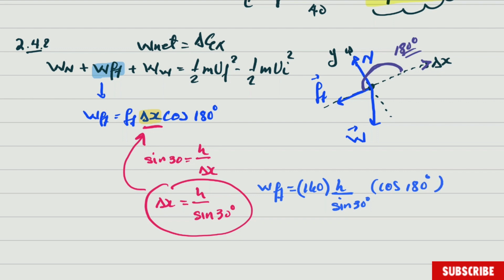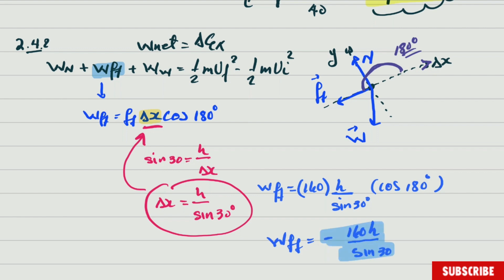When you solve this, you have that the work done by frictional force is equal to minus 160h divided by tan 30. We have two unknowns, so we have to stop there, guys. So this is what we have for the work done by friction. And therefore, we're going to stop right here.